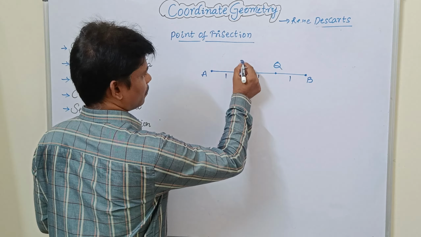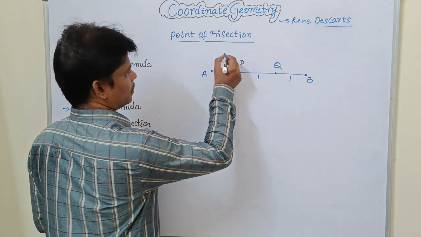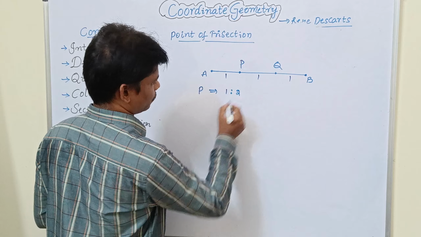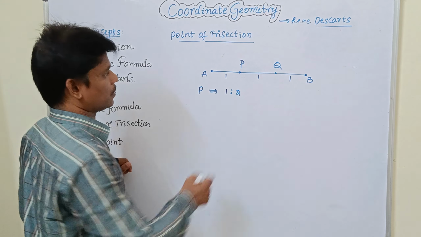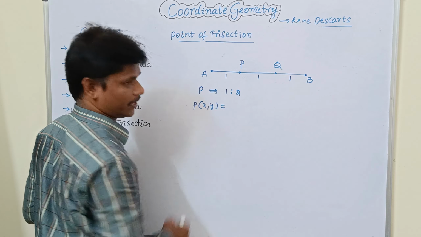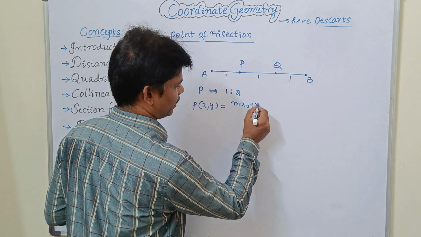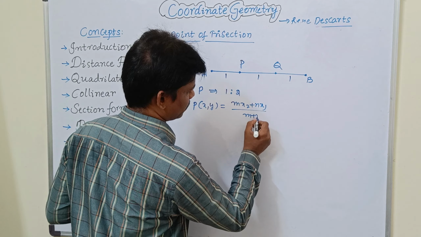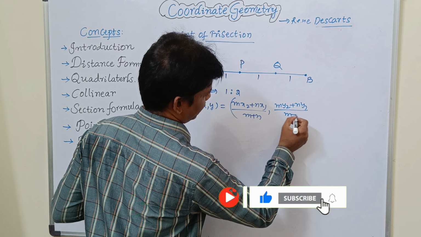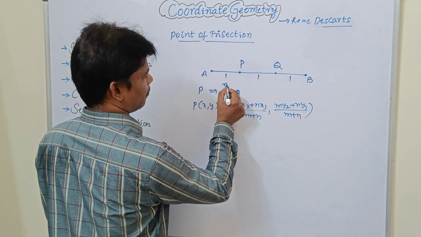Suppose the point P divides the line segment AB. What is the ratio? This point P divides in the ratio 1 is to 2. So how to find this point P of x comma y? We know the section formula: (mx2 plus nx1) by (m plus n), (my2 plus ny1) by (m plus n). This is m, this is n.